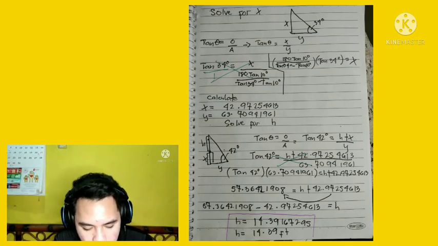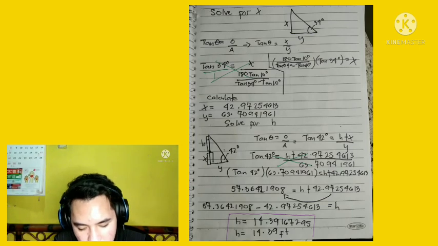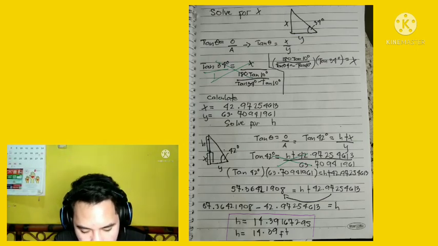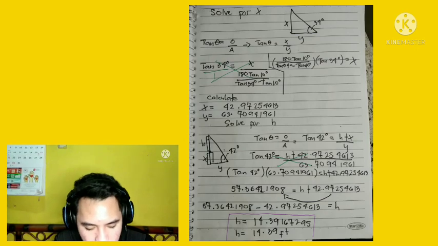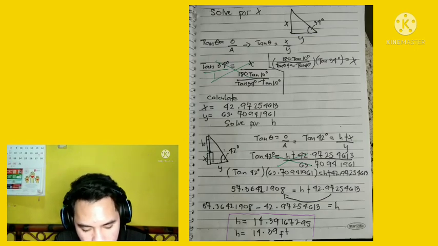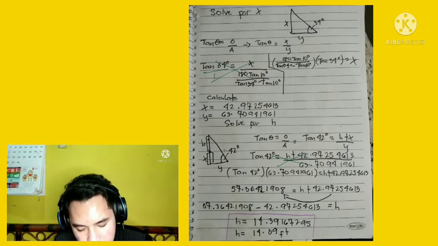63.7094191. So cross multiply. Now we have tangent 42 degrees times 63.7094191 equals h plus 42.97254613. So move the 42.97254613 to the other side, and we will get 57.36421908 minus 42.97254613 equals h.